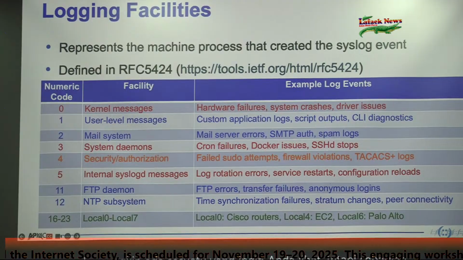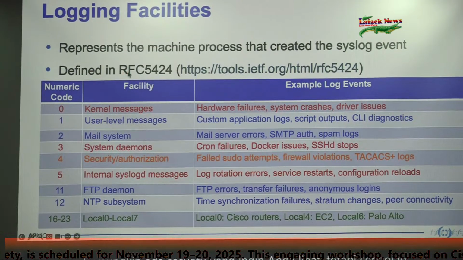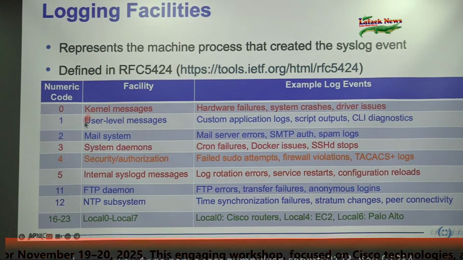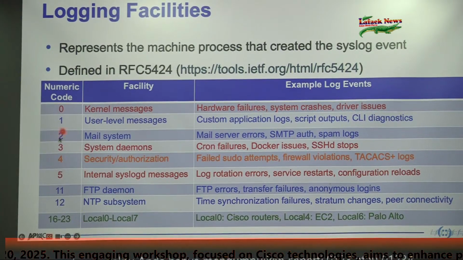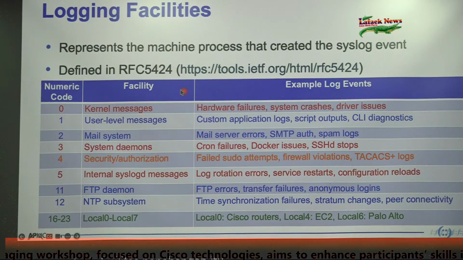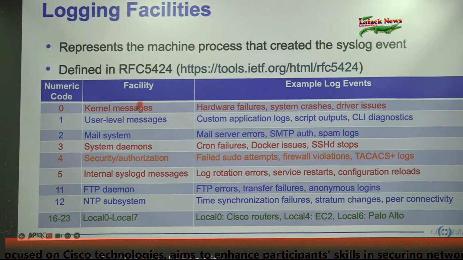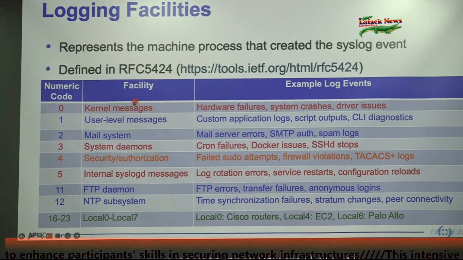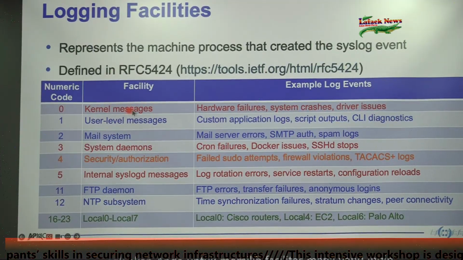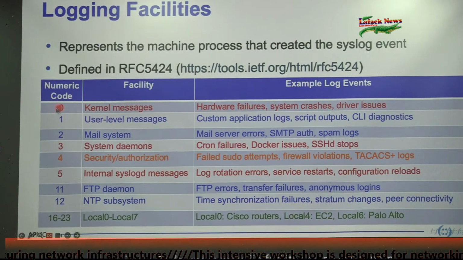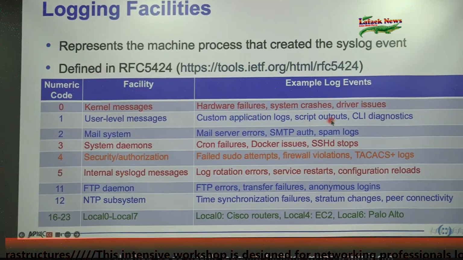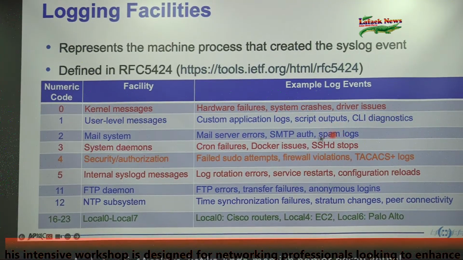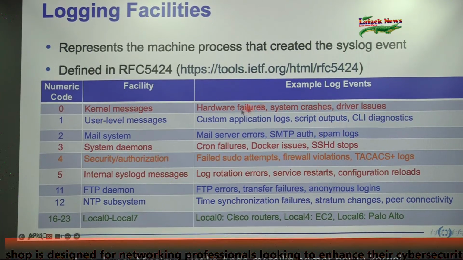There are also types of logging facilities. It's usually used on Unix or Linux machines. It allows you to choose which facilities you want to log. For example, when you choose kernel messages, numeric code 0, it will tell you about hardware failures, system crashes, and driver issues.